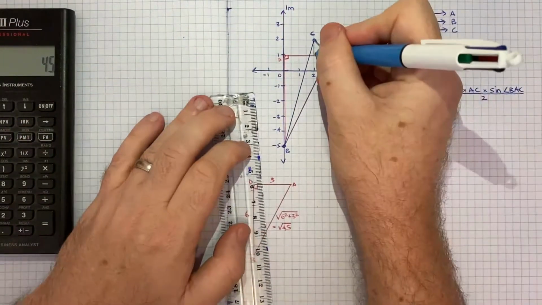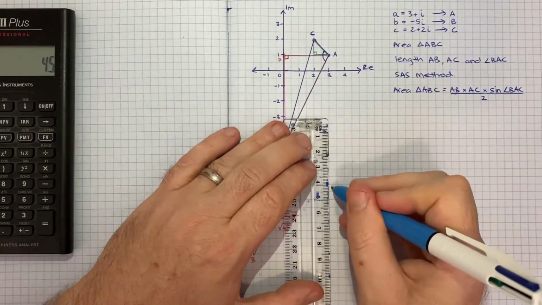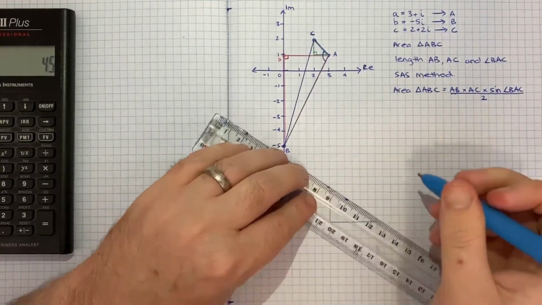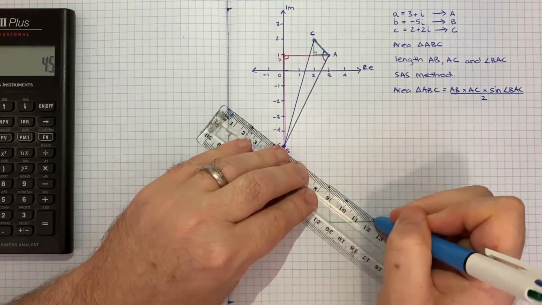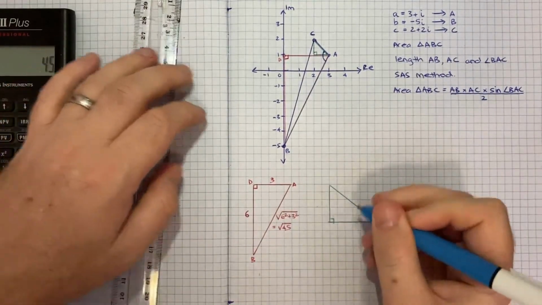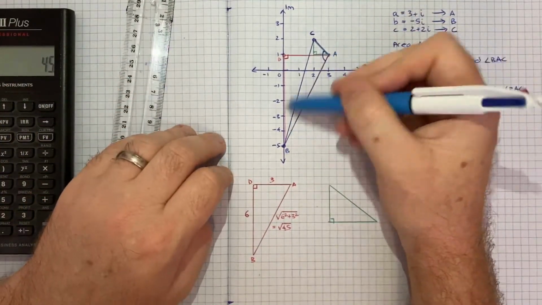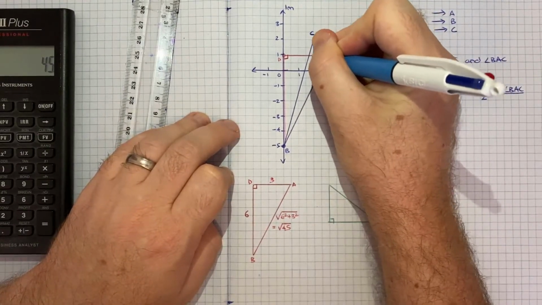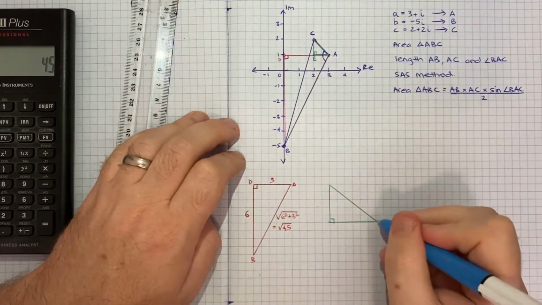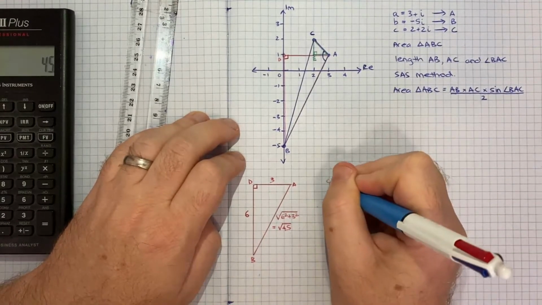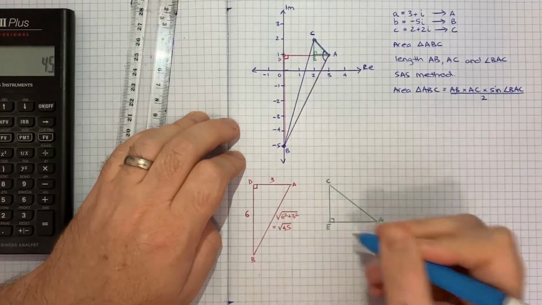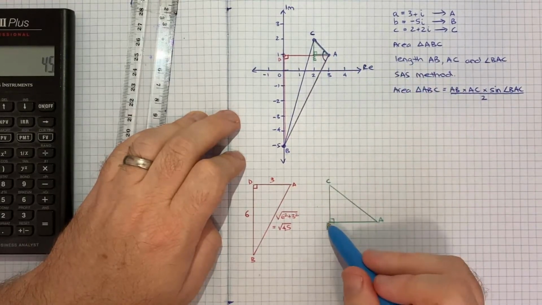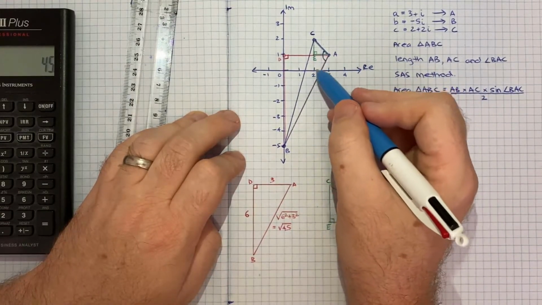If I replicate that down here, we've got A, B, C, D. I'll call this point here point E. So we've got A, C, E. Visually I can see that the length from A to E is just 1 unit, going from 2 to 3.